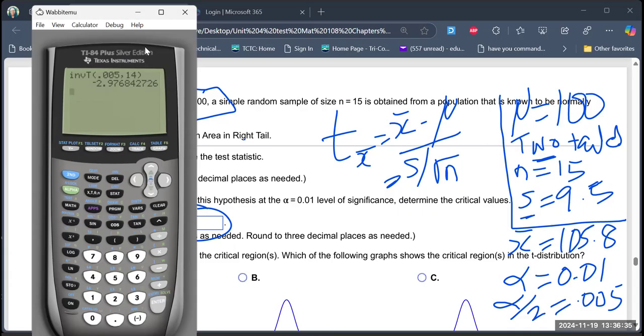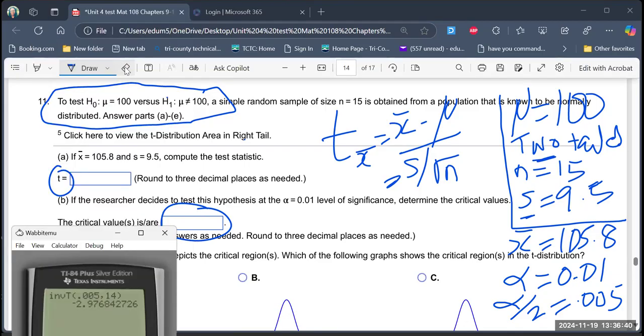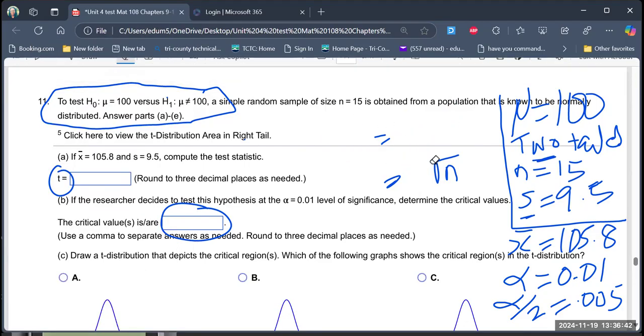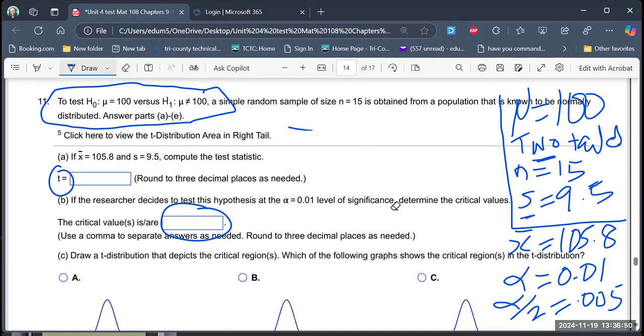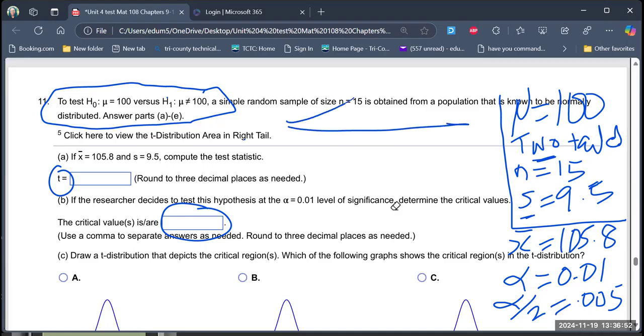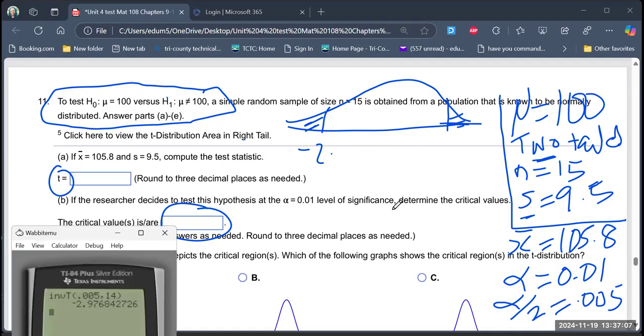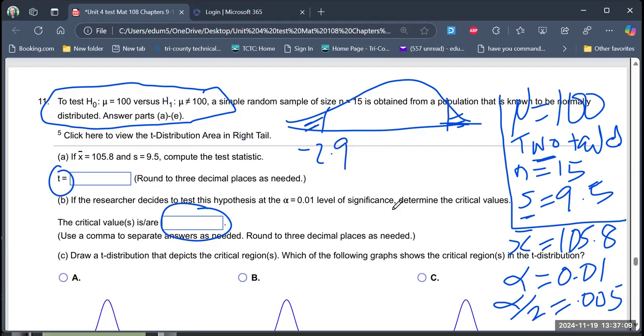So I have to draw that diagram because I need the diagram to make a decision. So I'm going to draw the diagram right here. Oh, that's a crooked diagram, but anyway. So negative 2.98 right here on the left.